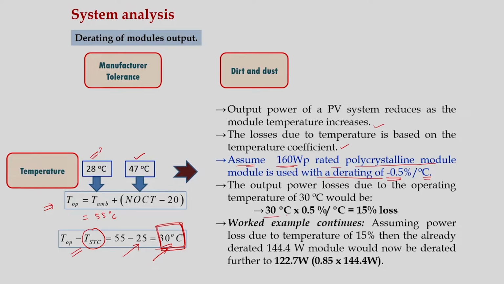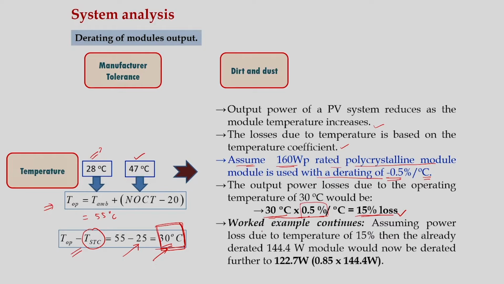So, how will the performance vary? As you understand, per degree increase in temperature there is a reduction in efficiency of about 0.5%. If we multiply this 30 with 0.5%, we will have about 15% losses.